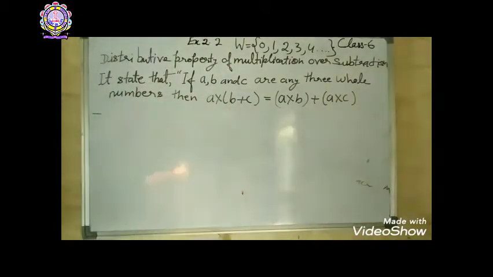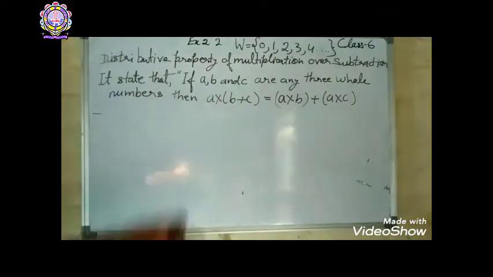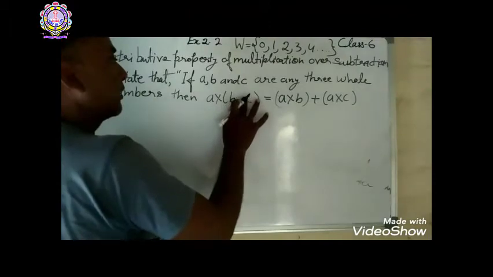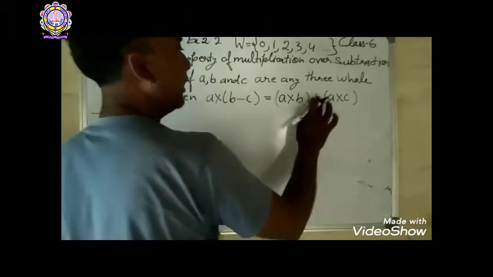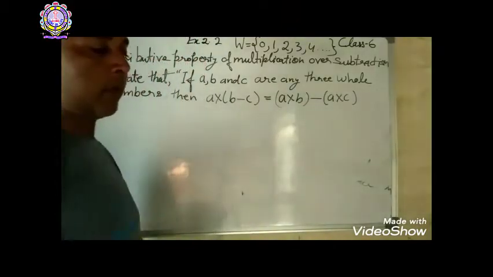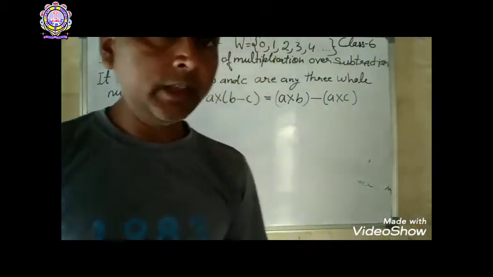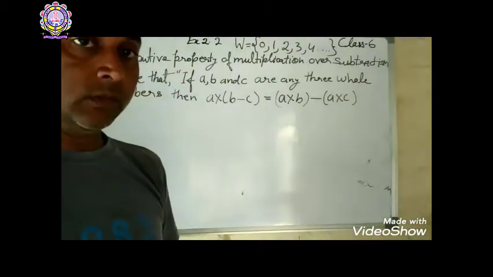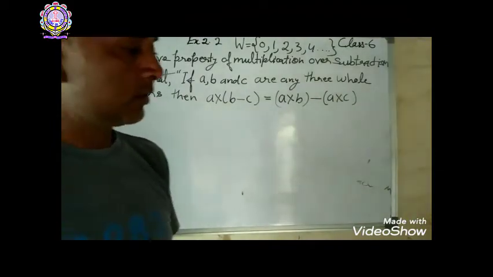It states that if A, B and C are any three whole numbers, then here we just write A into B minus C, and here we use the minus. The same property is there. So first memorize the property and try to learn the property and then solve the question.